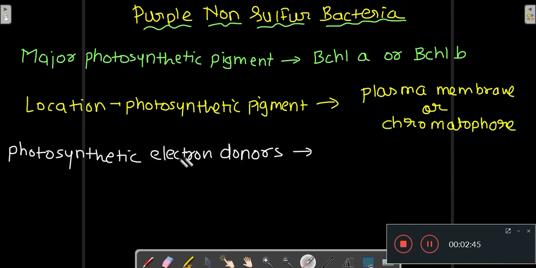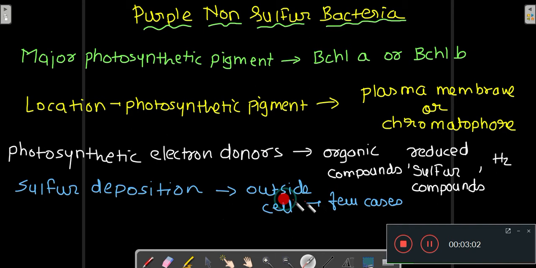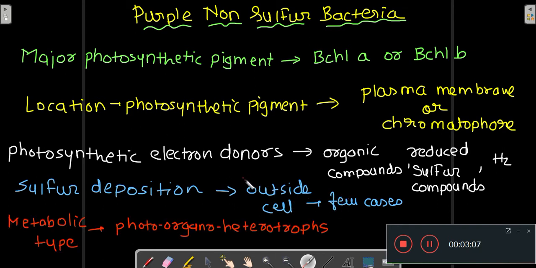Then the photosynthetic electron donors in purple non-sulfur bacteria are organic compounds, reduced sulfur compounds or H2S. The sulfur deposition happens outside the cell in a few cases, and the metabolic type is photoorganoheterotrophs. So these are the characteristics of purple non-sulfur bacteria.